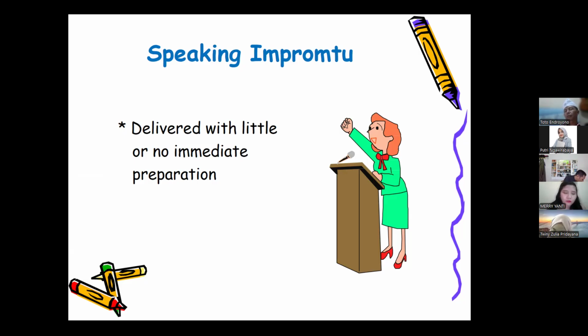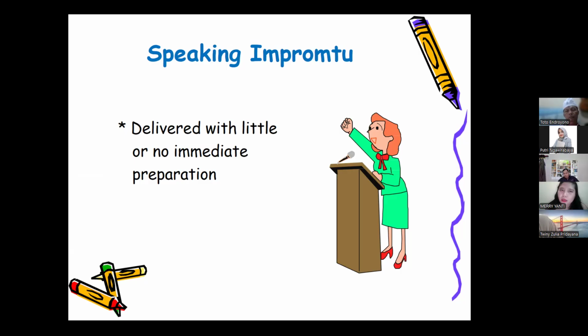You have to start talking right away without notes or time to prepare. Another example: you have a meeting in the office and your boss says, "Please share your opinion about this new project." You have to quickly gather your thoughts and speak on the spot.